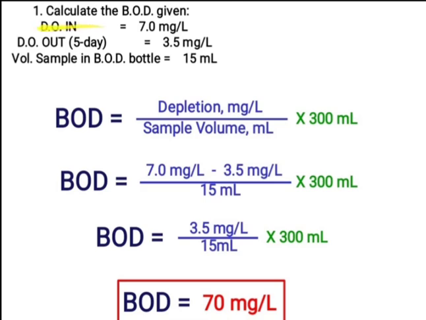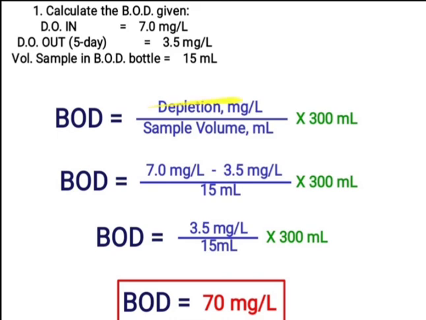They have given that when the solution is freshly prepared, dissolved oxygen is 7.0 milligrams per liter, and dissolved oxygen after 5 days of incubation was measured as 3.5 milligrams per liter. The volume of sample taken in the bottle is 15 ml and the stopper bottle capacity is 300 ml.